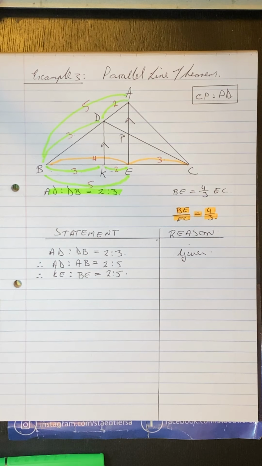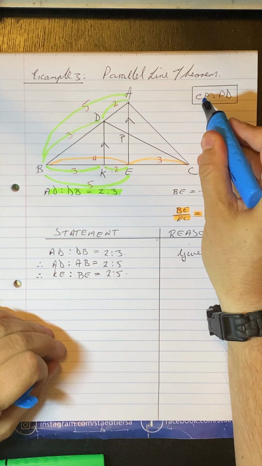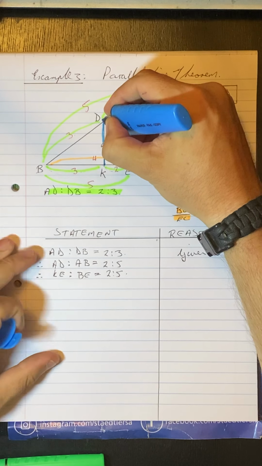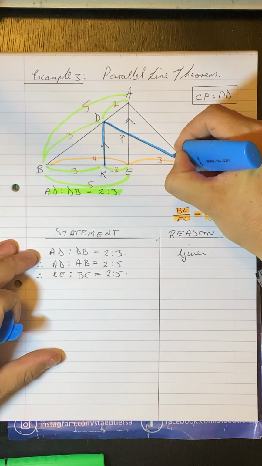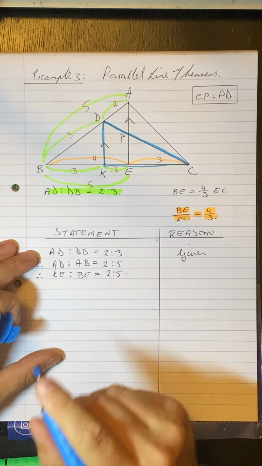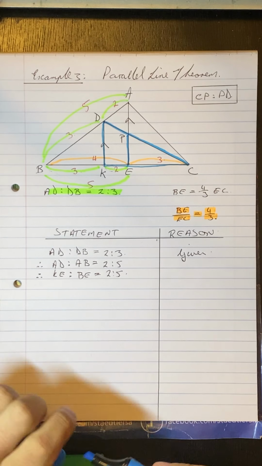You're probably wondering, why am I doing all of this? Because our CP to PD is in this triangle over here, our blue triangle, where these two lines are parallel.